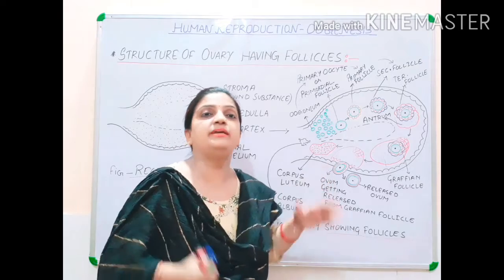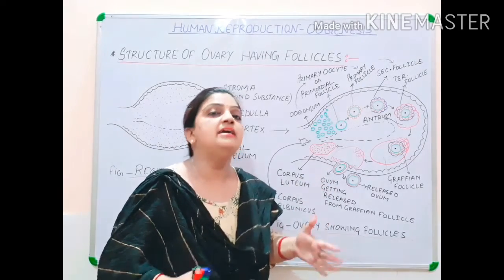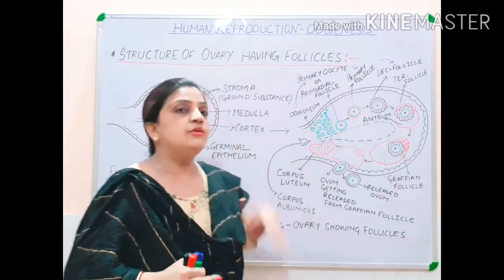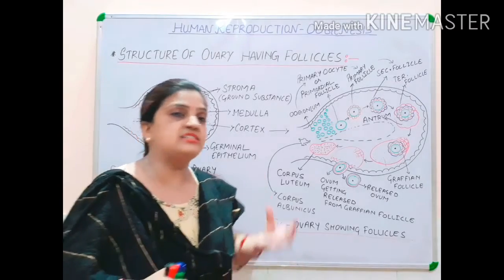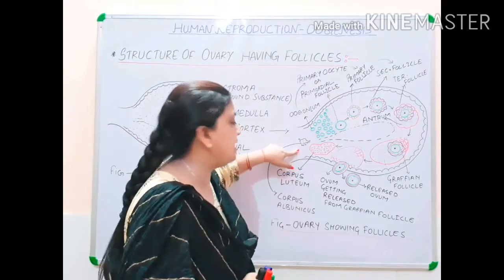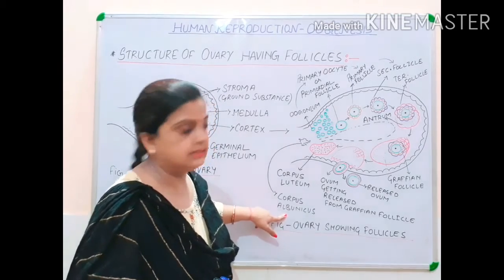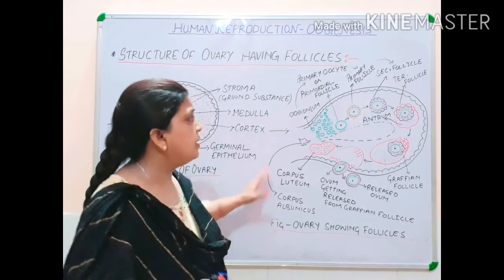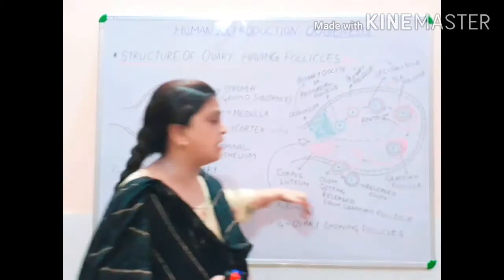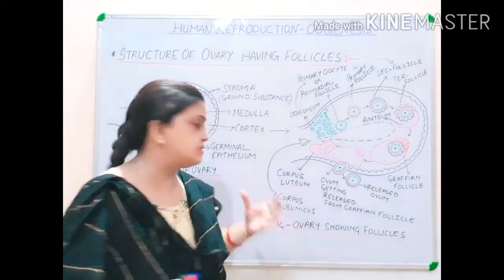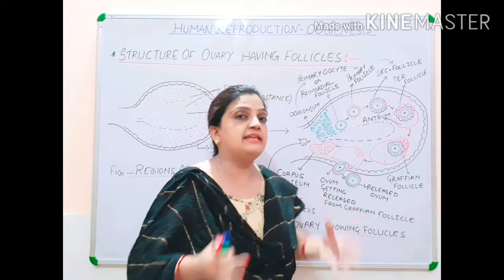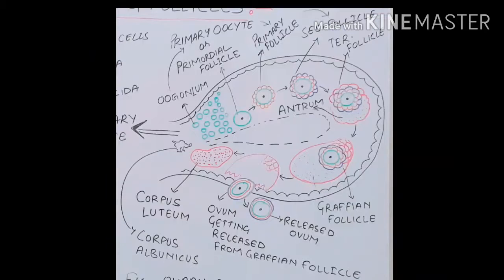The corpus luteum will gradually degenerate and change into a white scar-like structure, called corpus albicans. Now children, hope you have understood this whole structure, how the follicles inside the ovary are getting developed.